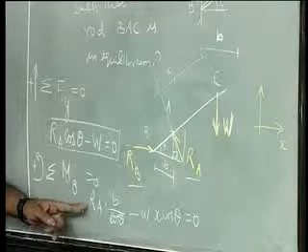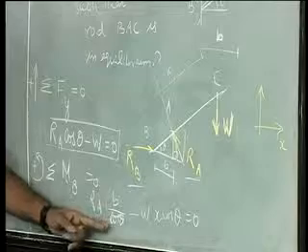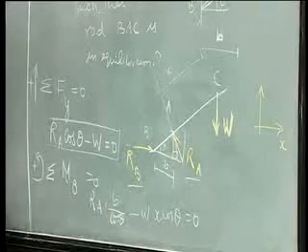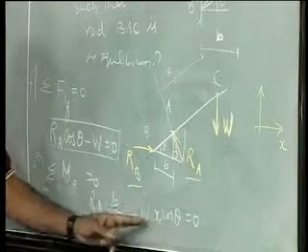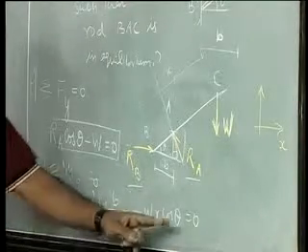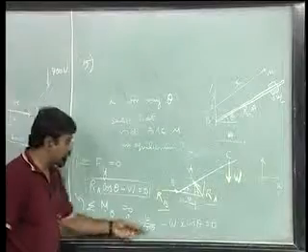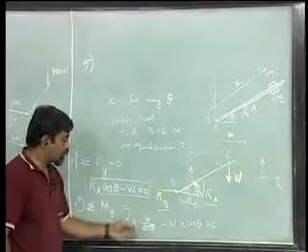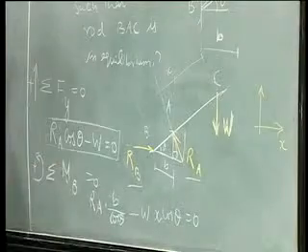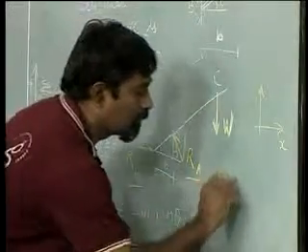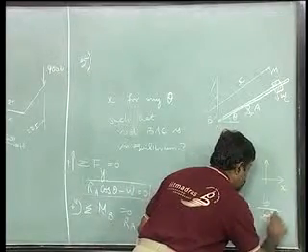If I substitute here, I will get W by cos theta times B by cos theta, or WB by cos theta minus X W times X cos theta is equal to 0. You can see that this term involves W, this term involves W, which cancel off, so that I can get a relationship between X and B, which happens to be X is equal to B by cos cube theta.